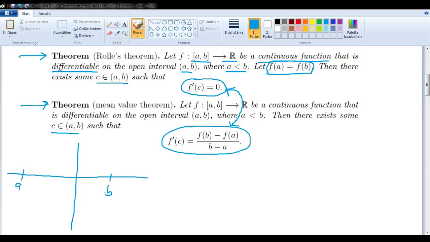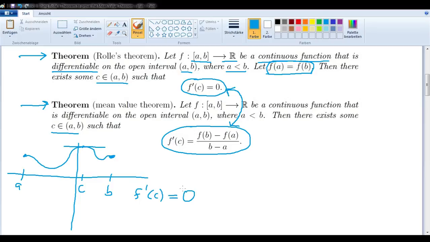This is a, this is b, and f(a) is equal to f(b). And Rolle's theorem told us, of course, that there is some point c where the derivative of f is equal to 0, right? We'll call this point c right here. So what we were saying is that f'(c) is equal to 0.